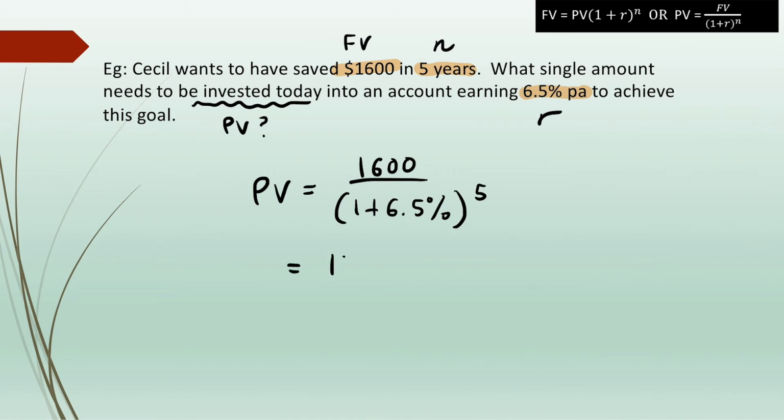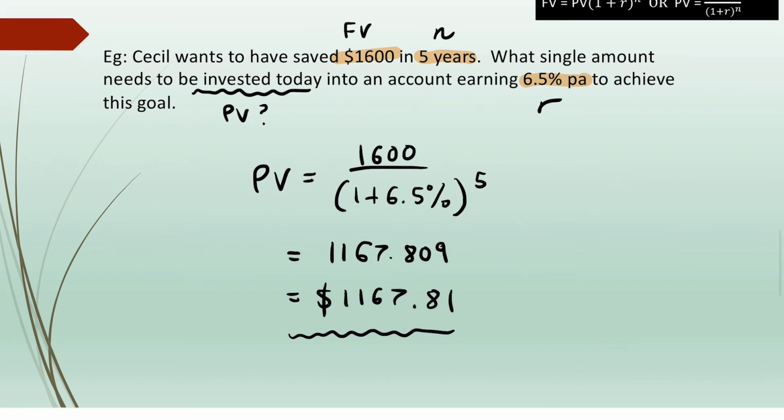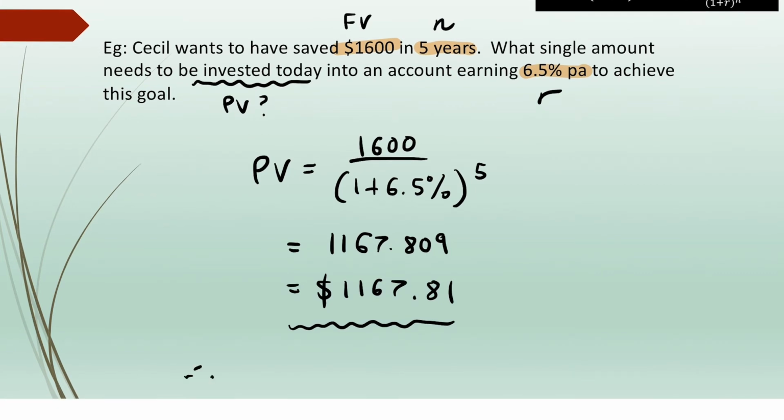Evaluating that, we get 1167.809, which in dollars and cents is $1,167.81. So we would need to invest that amount in order to have a future value of $1,600 in 5 years. So therefore, we need to invest $1,167.81 today.